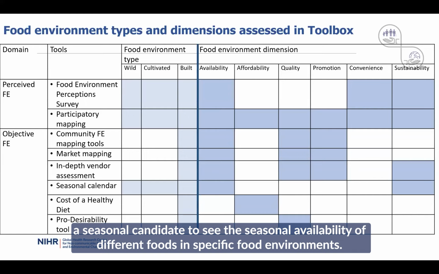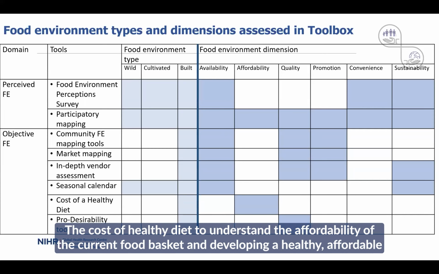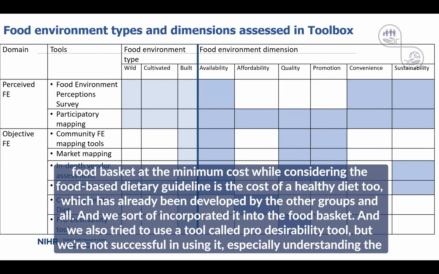The cost of a healthy diet tool, which has already been developed by other groups and which we incorporated, is used to understand the affordability of the current food basket and to develop a healthy, affordable food basket at the minimum cost while considering the food-based dietary guidelines. And we also tried to use a tool called the Pro Desirability tool, but we were not successful in using it, especially in understanding the diverse food environment that exists in low and middle income countries.